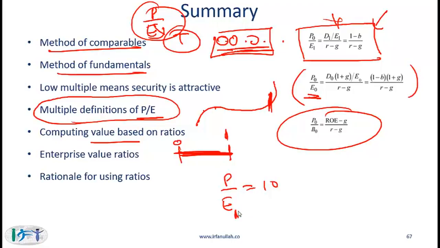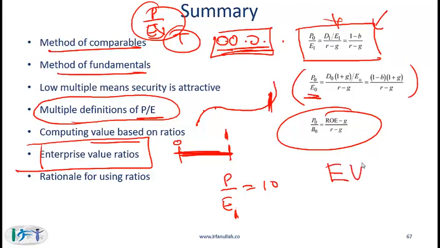So if you have E1, this is a forward or leading PE. So how will you come up with the value of a company? The value of a company will be the leading PE times the earnings in the upcoming period. This is fairly straightforward.